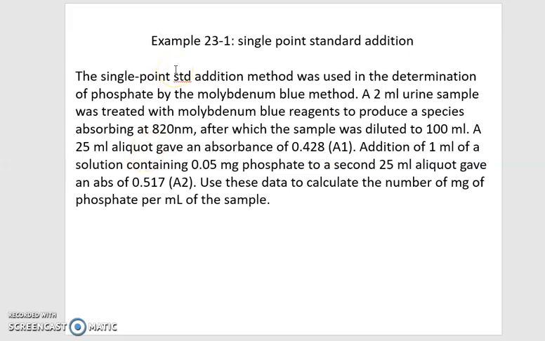In this example, how do we determine the concentration of analyte using the single point standard addition approach? The example asks us how much is the concentration of phosphate present in urine, where the concentration they want is in units of milligram per ml.